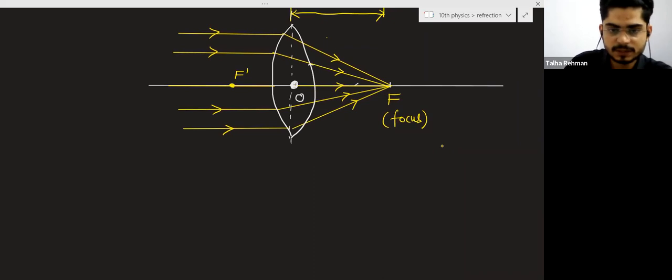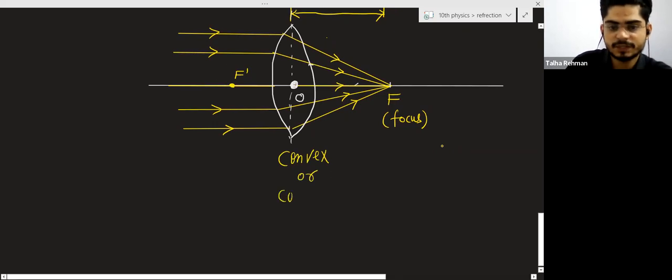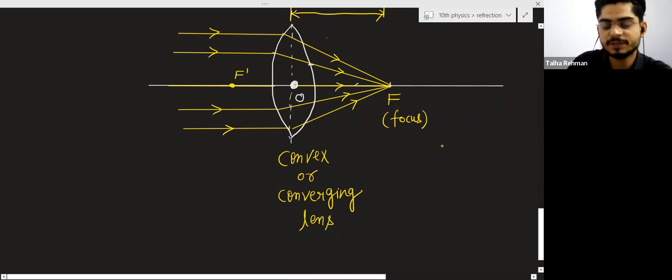And this lens is convex, or we will say it is a converging lens, because here the light rays are converging.